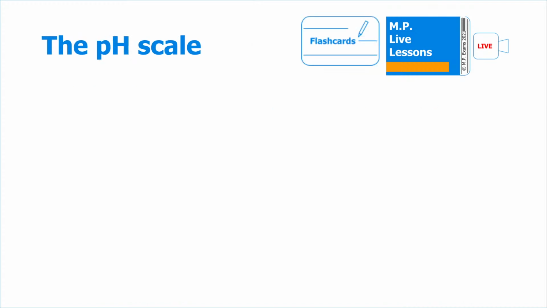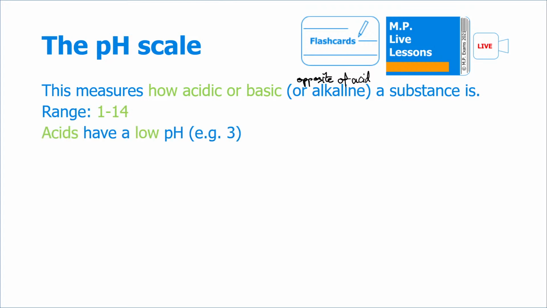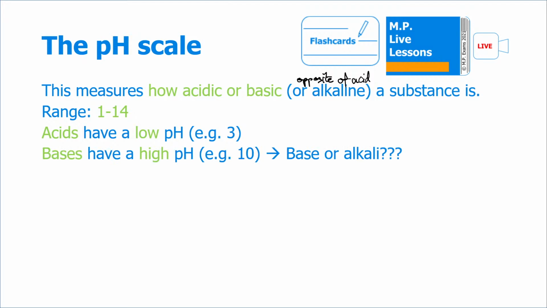Now the pH scale measures how acidic or basic a substance is, so basic is the opposite of an acid. Its range starts at 1 and goes up to 14. So acids tend to have a low pH, like 3, whereas bases tend to have a high pH, like 10.